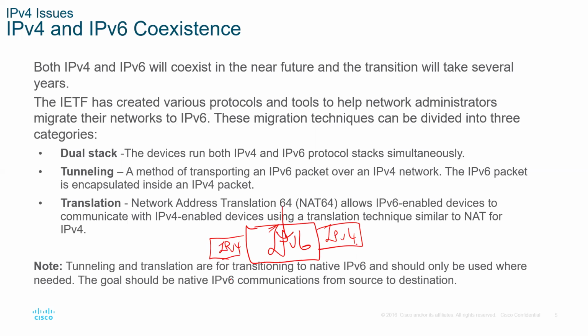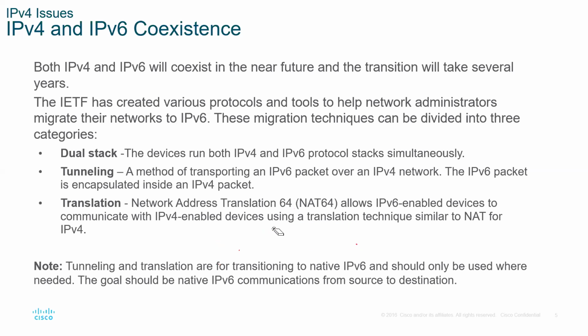So the data that we will be transmitting will be using version 4 infrastructure networks, but the actual data that we are transmitting is version 6. So basically that is what tunneling is. We encapsulate an IPv6 packet using IPv4 headers, and we transmit our IPv6 packet.